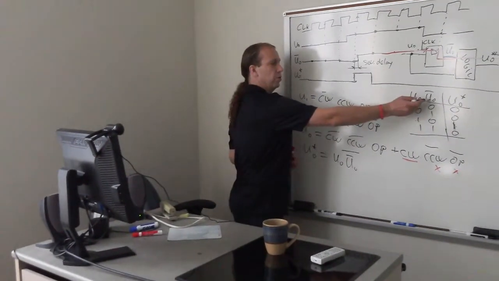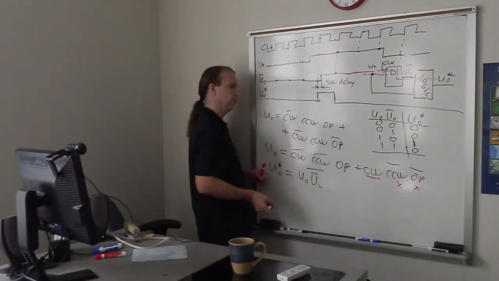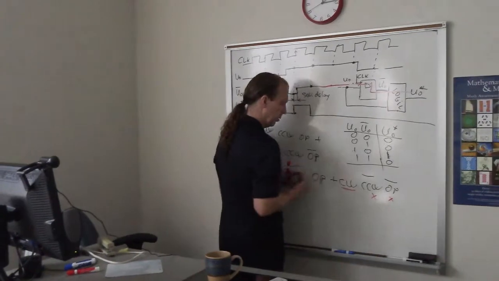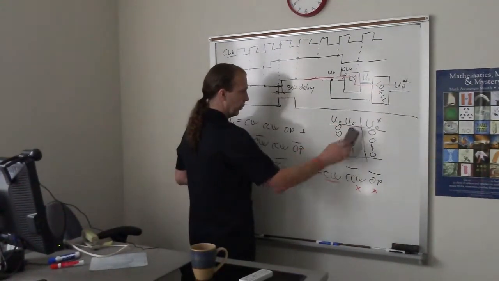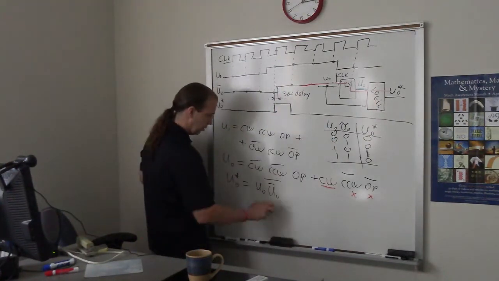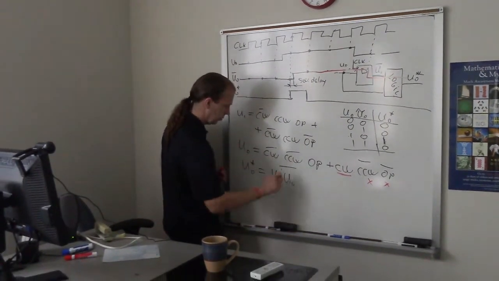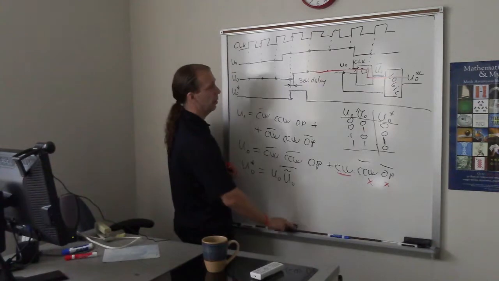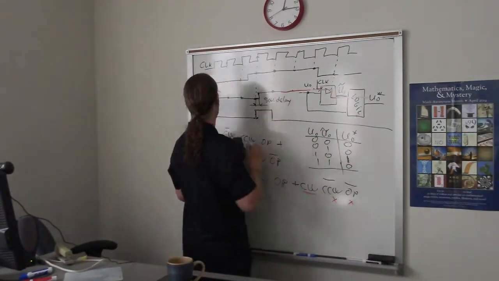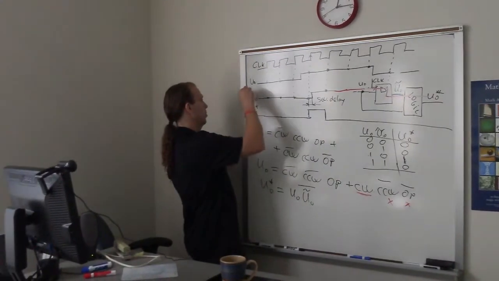So this is not inversion of U0, this is U0 bar. Probably it's not the best notation. Let's use a tilde, not to mess up bars with inversion. So this is tilde, and this is tilde, and tilde here as well, and tilde here as well.